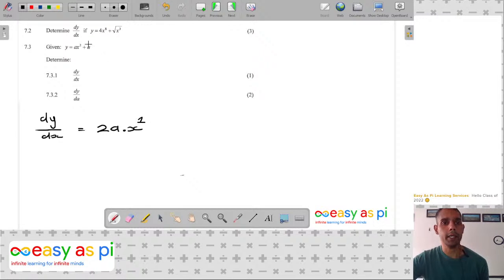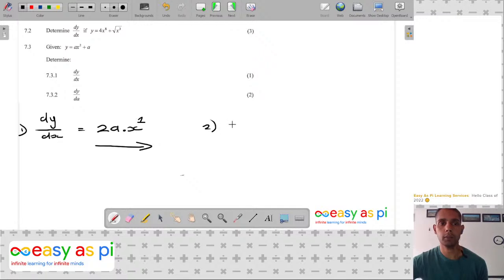Now, with respect to x, a is a constant, and we know that the derivative of a constant is 0, right? So in this case, your dy dx is going to be this answer here. Okay, that's your answer, nice and simple.